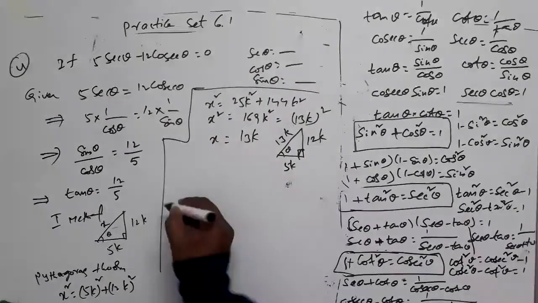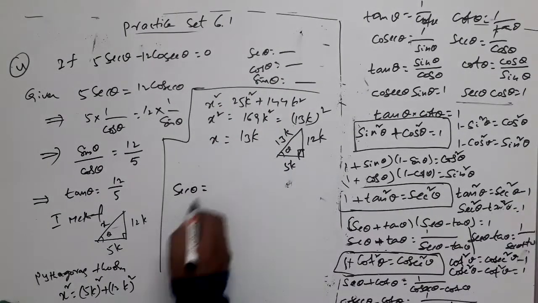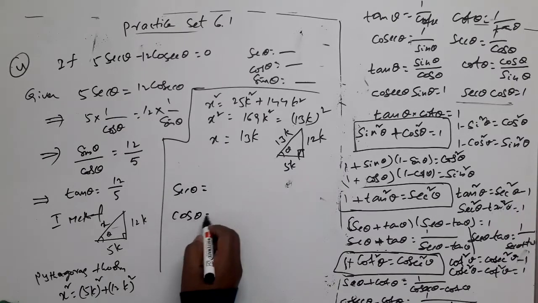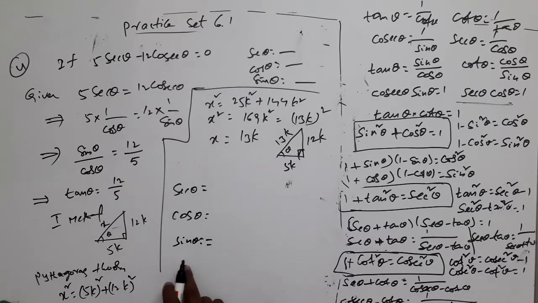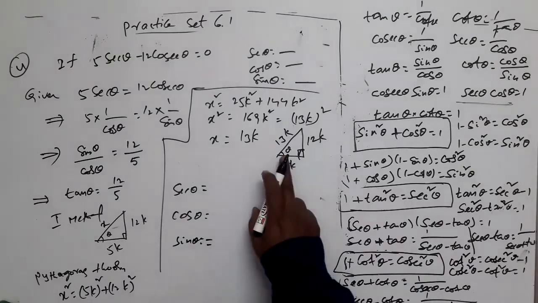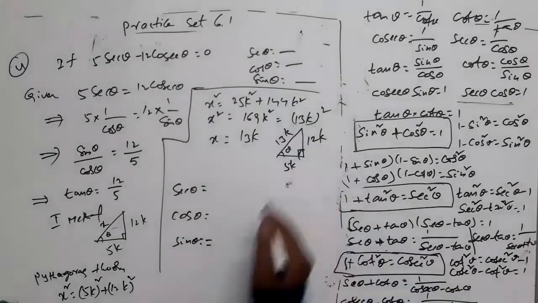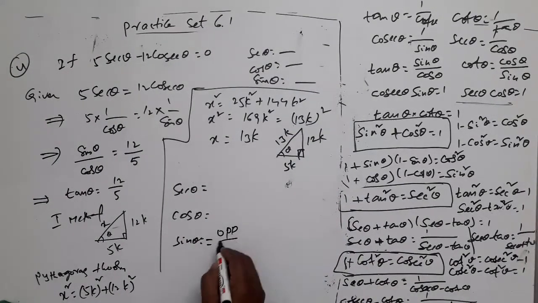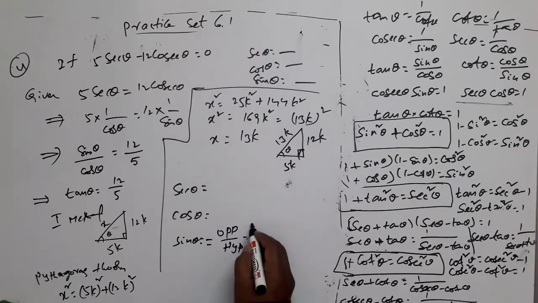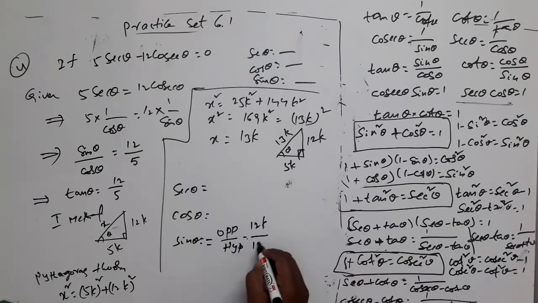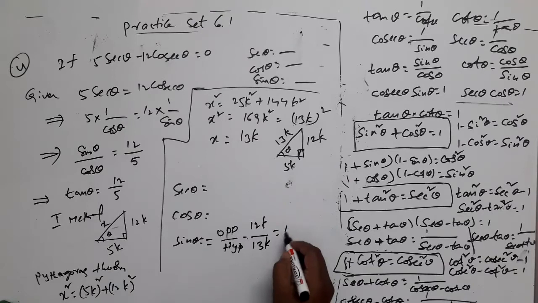Secant theta, cos theta and sin theta. Sin theta is opposite side by hypotenuse, that is 12K by 13K. K and K get cancelled. What is remaining? 12 by 13.